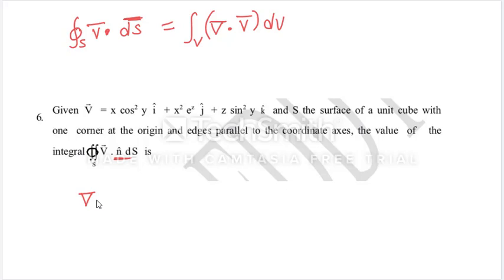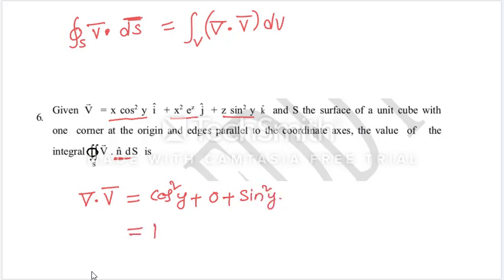Tell me the divergence, del dot v. Here this is vx, the x derivative, that is cos square y. This is vy, the y derivative is 0, plus the z derivative, we'll get sin square y. So how much is it? 1.